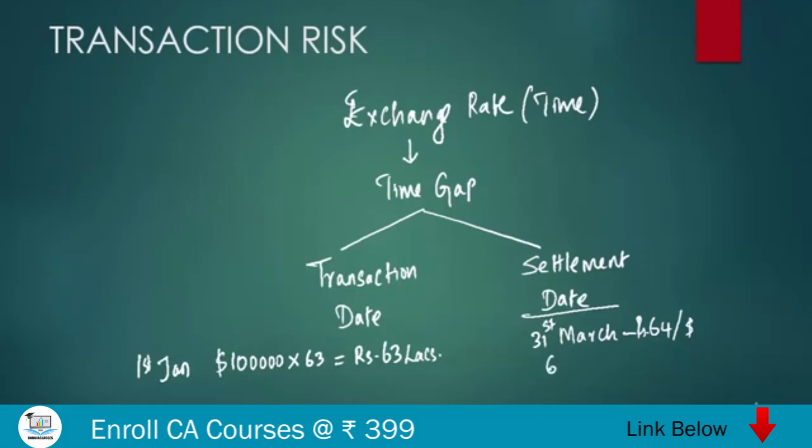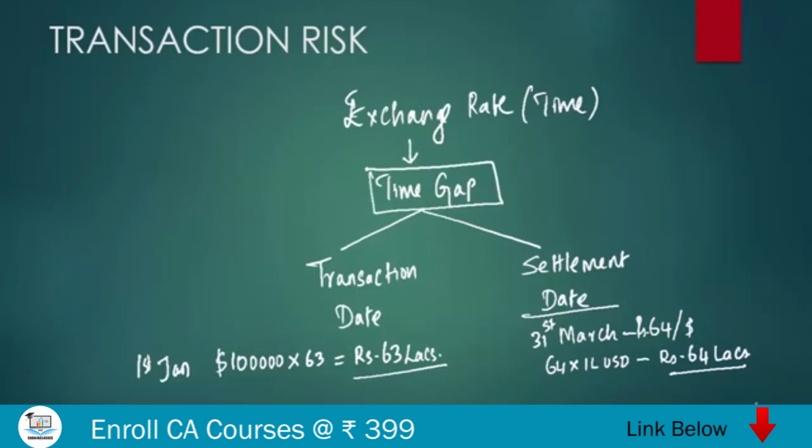How does that happen? 64 into 1 lakh USD, that is, you have to pay rupees 64 lakhs. Here, instead of 63, you are paying 64, and this is only because of your transaction and the time gap.